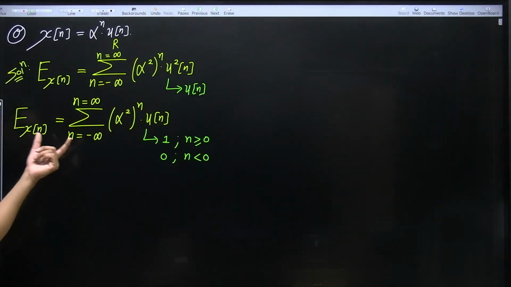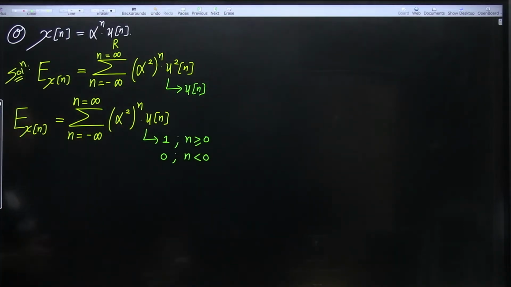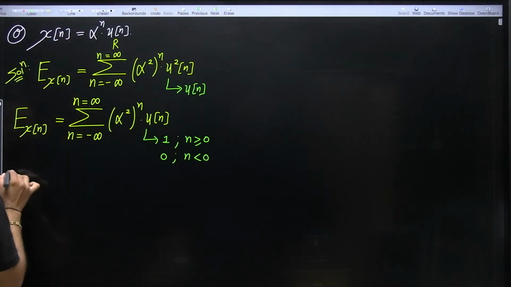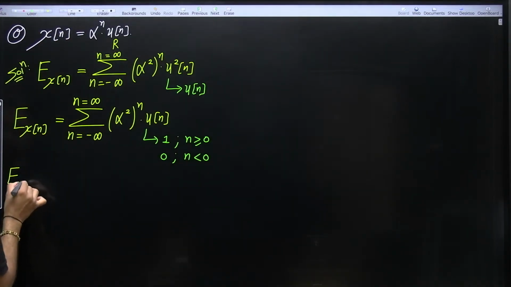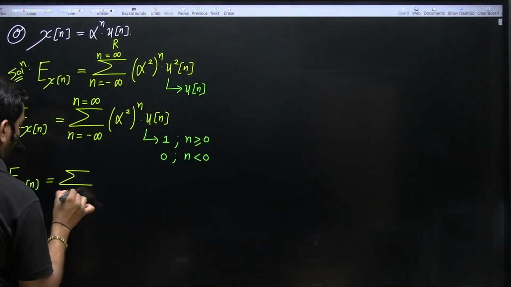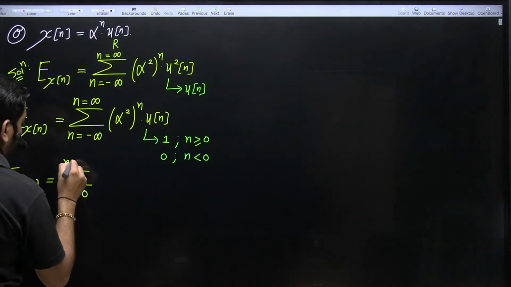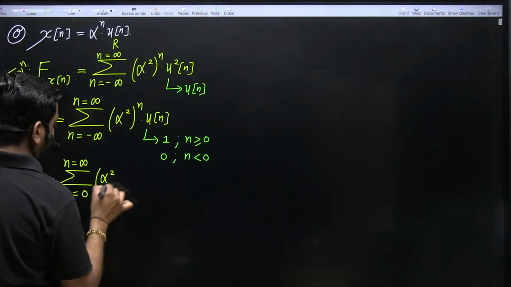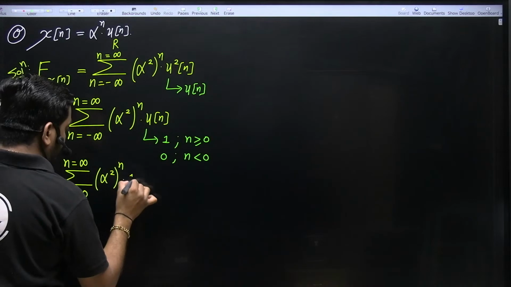So for negative values of n, the summation gives 0 as u of n is 0 for n less than 0. If you replace u of n with 1, the limit of this summation will be n from 0 to infinity, correct?